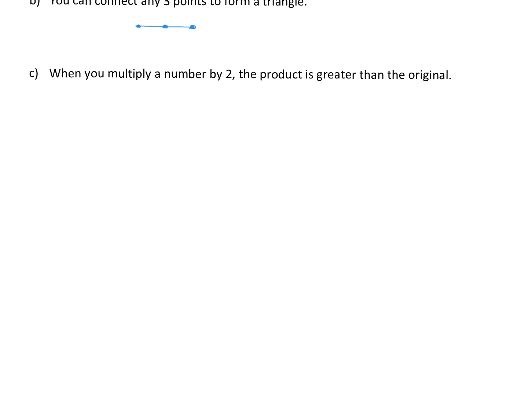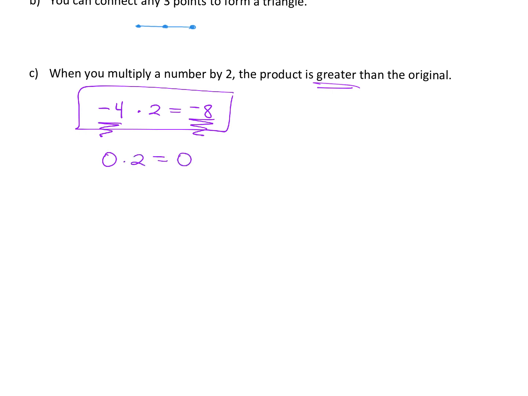So if you say -4, okay, that's a counterexample because -4 times 2 is -8, right? This is less than the original. This says it has to be greater than the original, okay? Anyone come up with a different counter? 0. Okay, 0 is a good one too. 0 times 2 is not greater, it's the same.